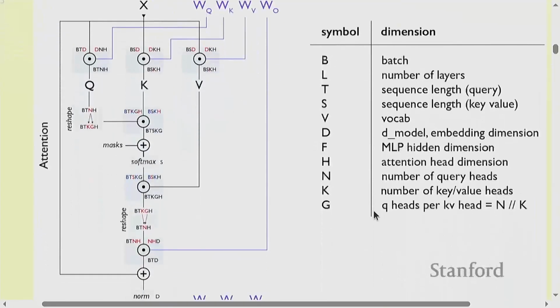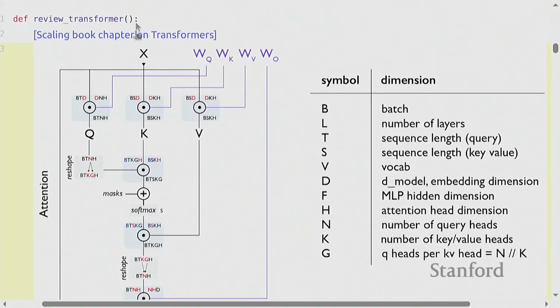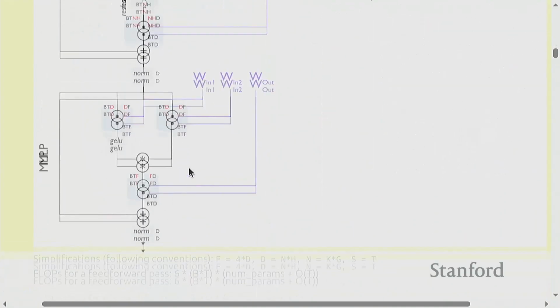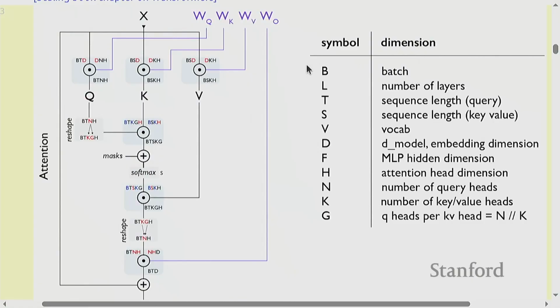And they have this really nice diagram that shows essentially the computation graph, taking an input and having it go through attention and the MLP layers. In particular, we're going to use this notation, so let me review it quickly. B is the number of sequences in your batch, L is the number of layers, T is the sequence length. You can think about it as the number of tokens you're going to generate or query using. S is also the sequence length, but how many you're conditioning on in your prompt.